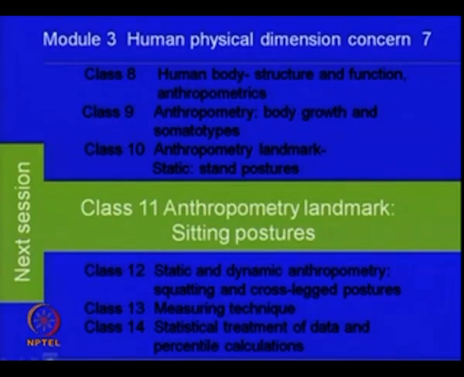Now, in the next session we are going to discuss sitting postures and body landmarks that are used for different ergonomic activities, and there will be other classes where we will discuss the rest. The coming session will be class number 11, anthropometry landmarks, sitting postures, followed by class number 12, static and dynamic anthropometry, squatting and cross-legged postures, and class number 13, the measuring techniques of all these body dimensions in standing, sitting and different squatting and cross-legged postures and others relevant.